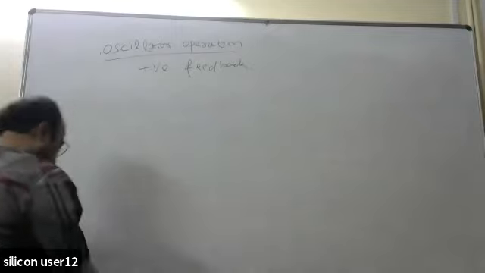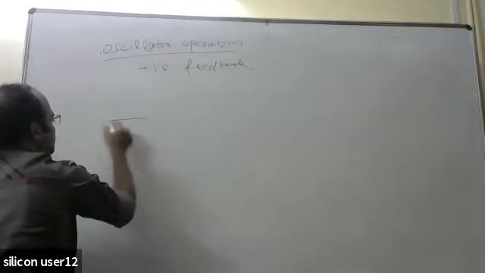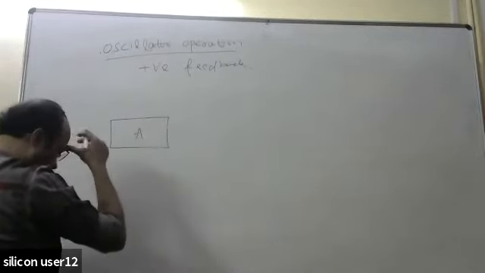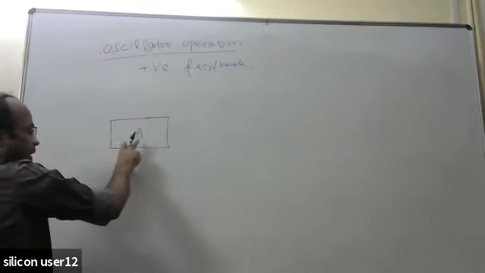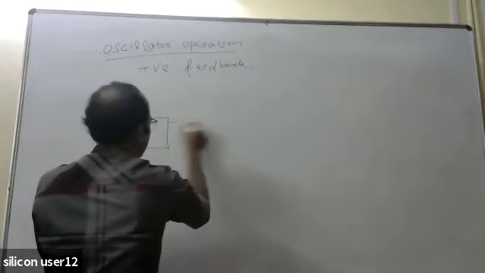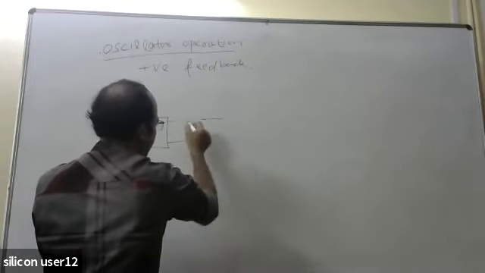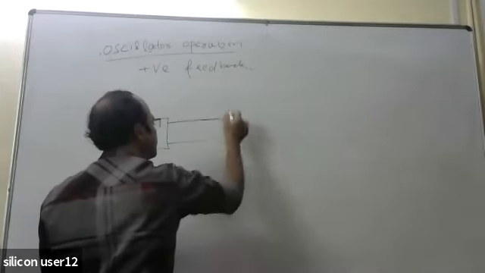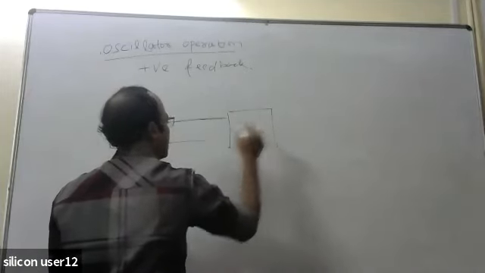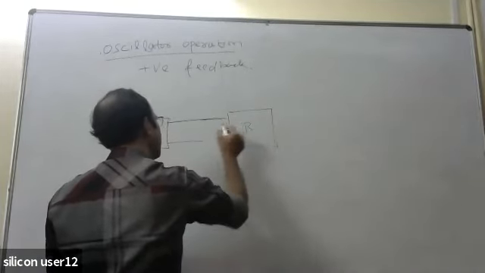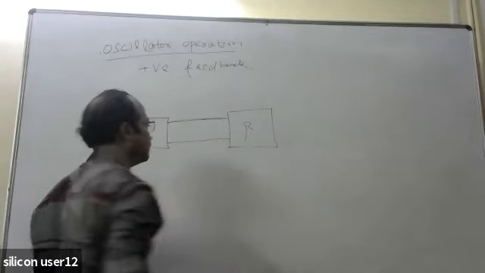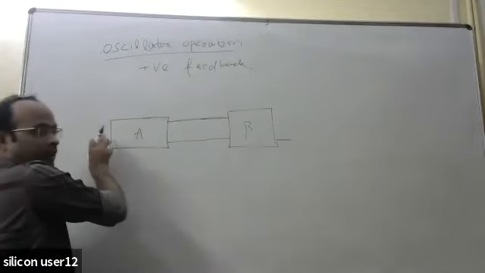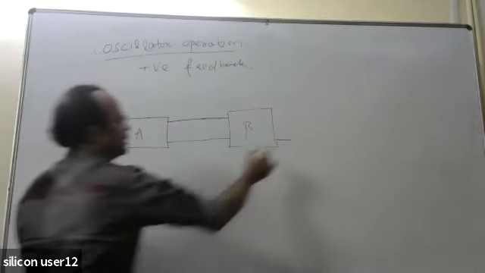Okay, so we'll see the basic block, how it looks. Let us say it is a block which has a gain of A, and from the output a feedback is taken. Here this block is your feedback block whose feedback factor is given by beta, and this output is again fed to the input side.